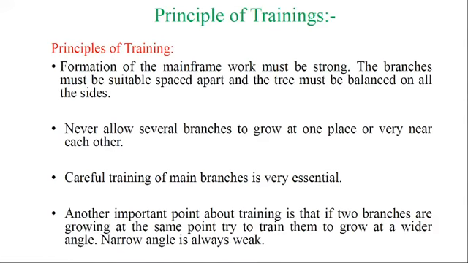The first principle: the formation of the main framework must be strong, the branches must be suitably spaced apart, and the tree must be balanced on all sides. That is the first principle of training. The main stem of the plant must be strong and the branches suitably spaced apart and balanced toward all sides. That means the shape of the plant develops toward all sides of the tree.